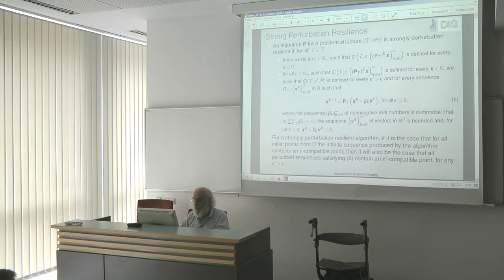But the restrictions are that these vectors, which are the directions of the perturbation, form a bounded sequence, and these scalars by which you weight the vectors, where v_k is the perturbation direction for the kth step and beta_k indicates the size of the perturbation, you want the beta_k to be a summable sequence. That is, the sum of all the beta_k must be less than infinity.